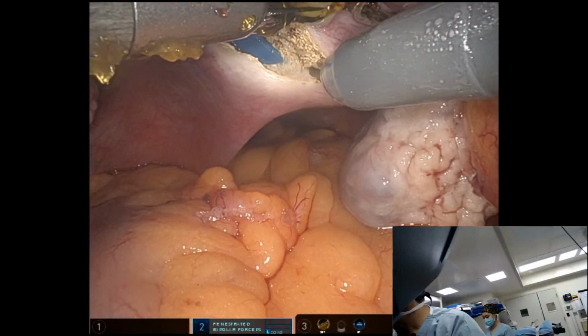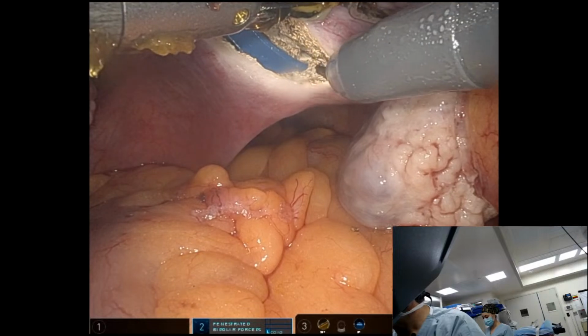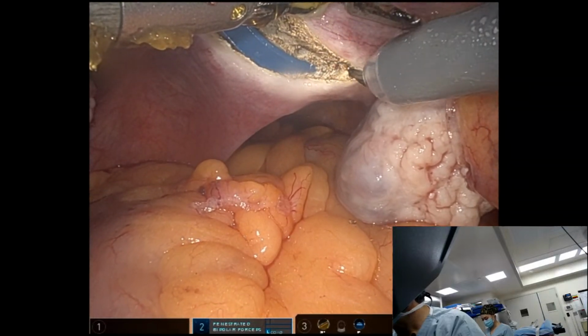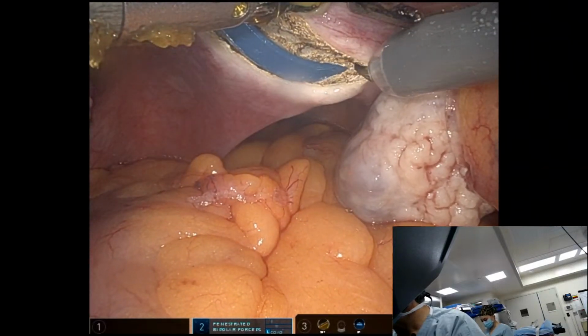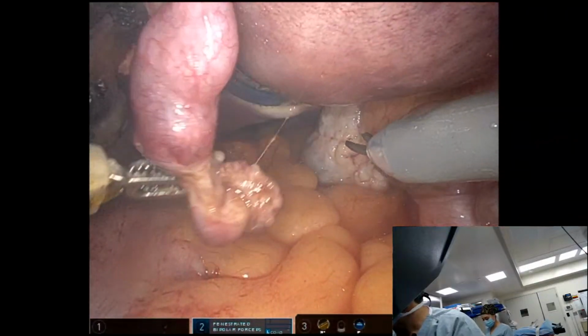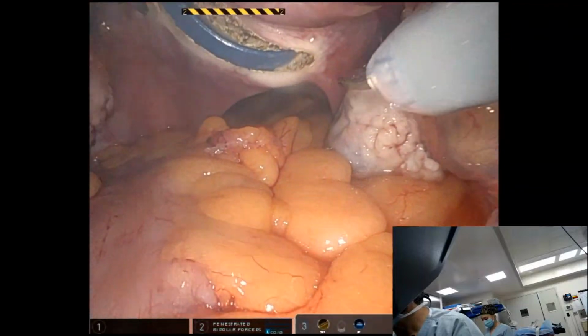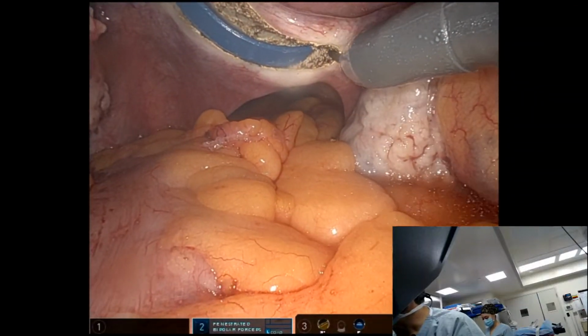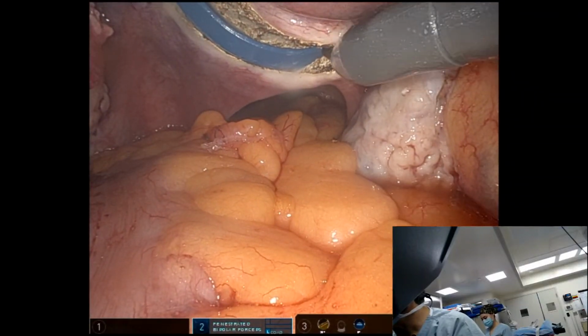And we go posterior, to the level of the uterosacral on the right side.